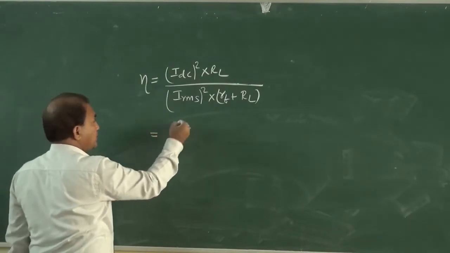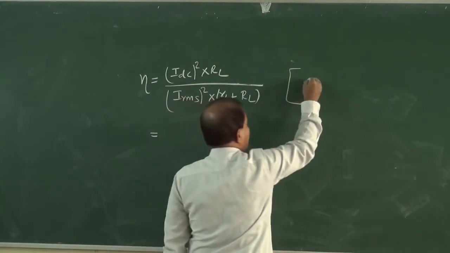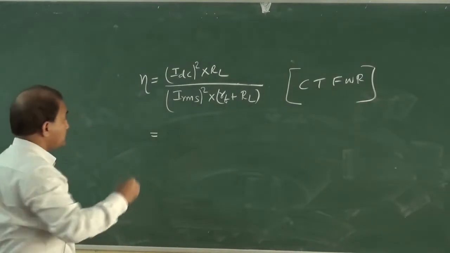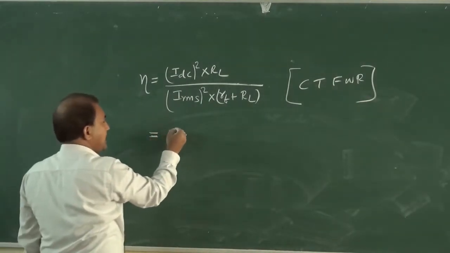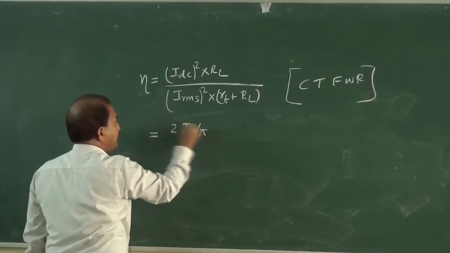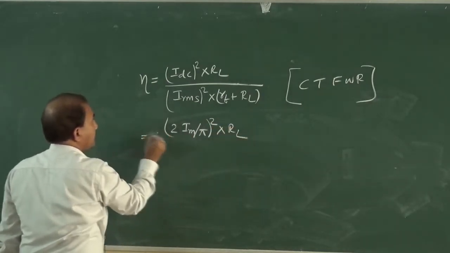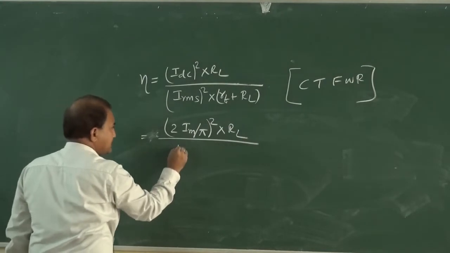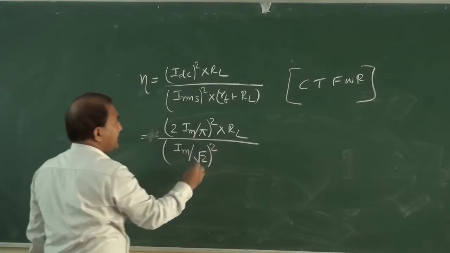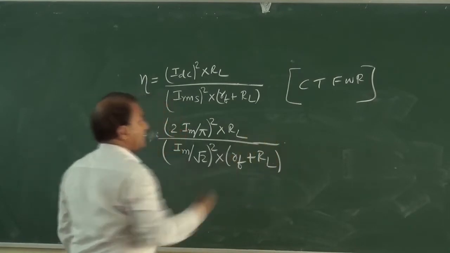So it is equal to IDC, in the case of the center tap full wave rectifier, where IDC is 2 Im by pi, whole square into RL, divided by IRMS, which is Im by root 2 square, into RF plus RL.